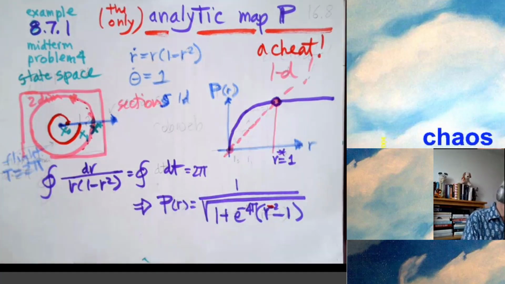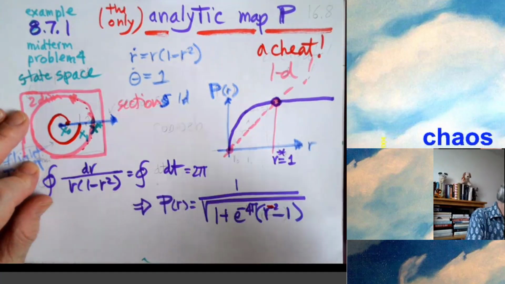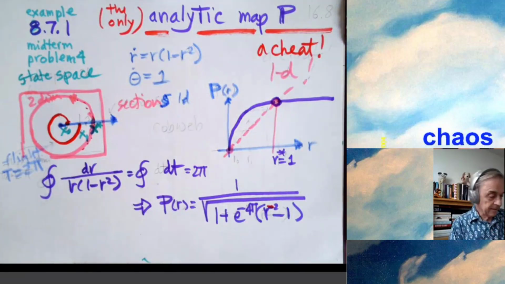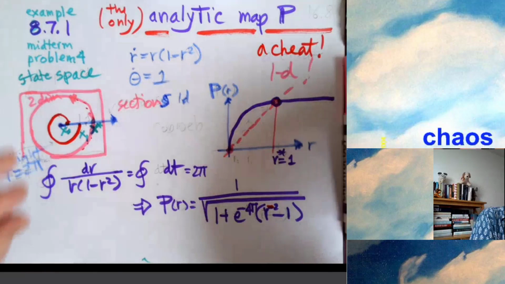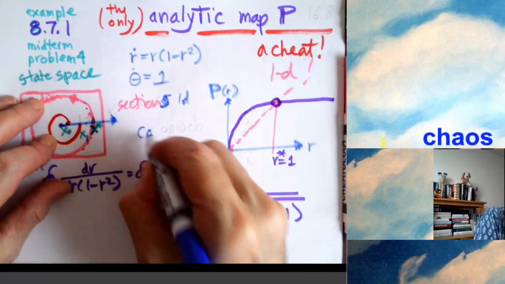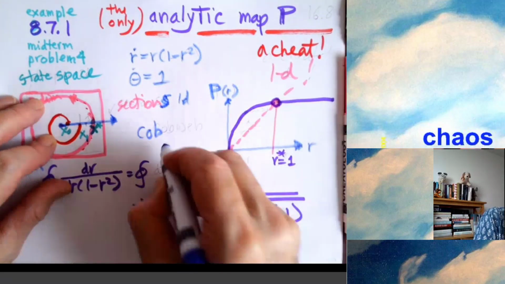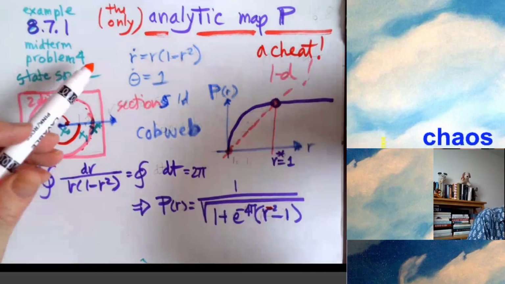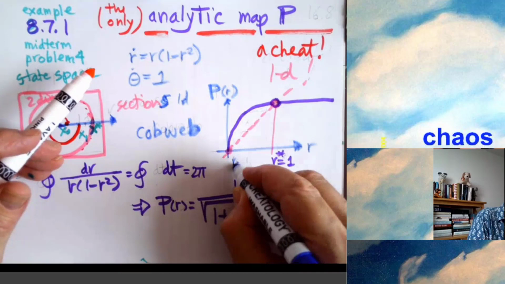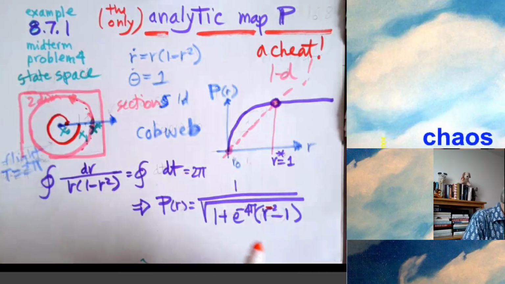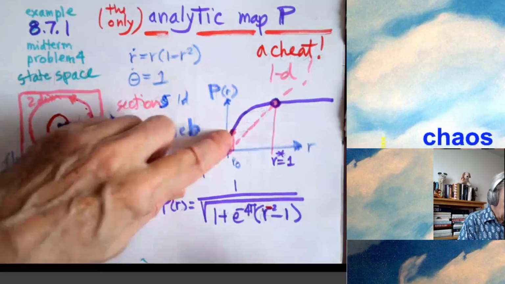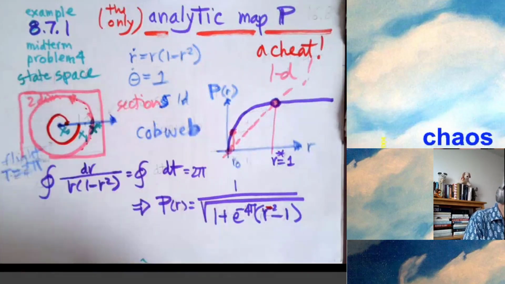If you look at neighboring trajectories. And now there's a little trick which is very convenient for visualizing such flows. It's called cobweb. What it says is, if I start someplace, let's say this is my initial point, I evaluate the value, then that's supposed to be R1, my next point.